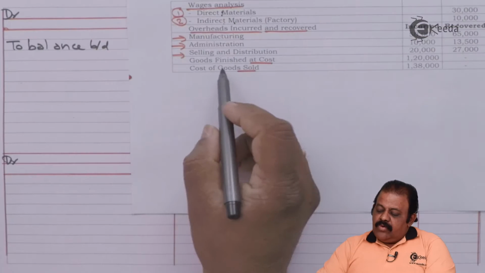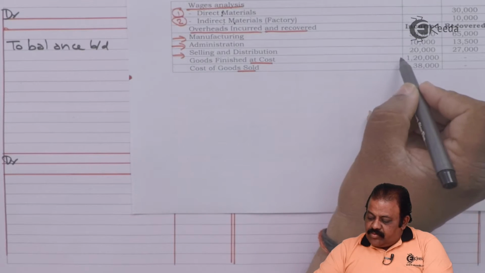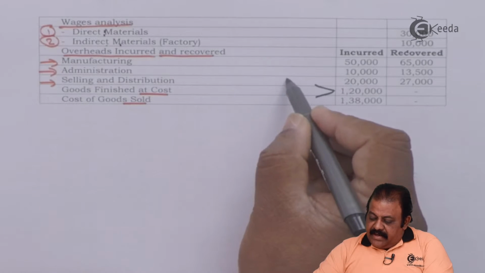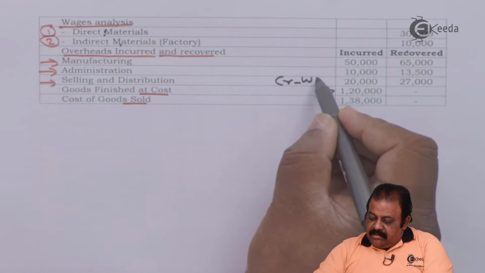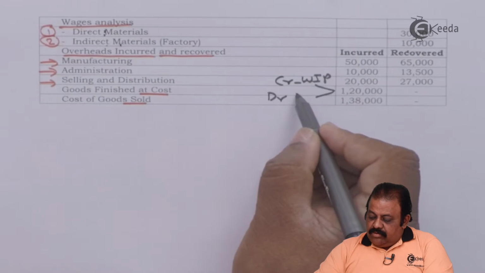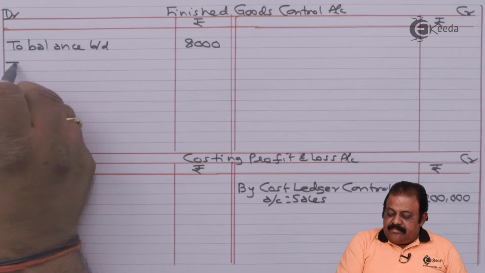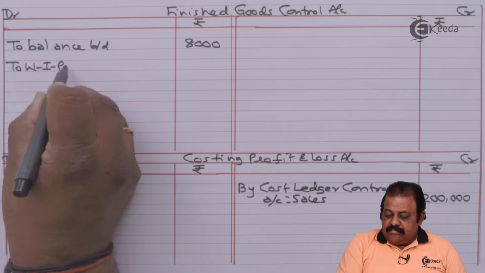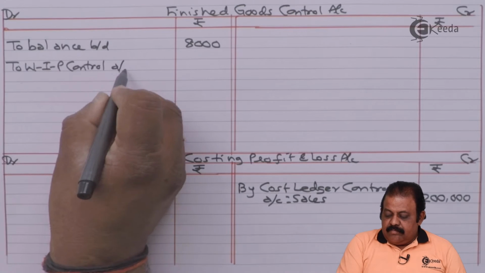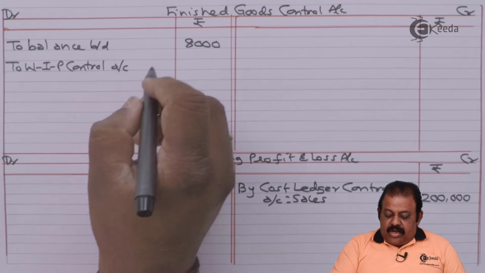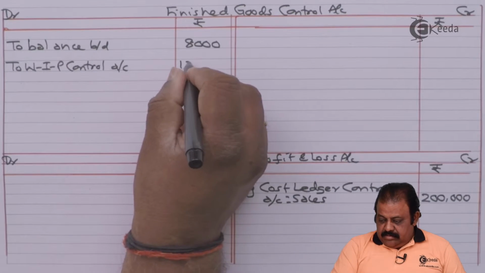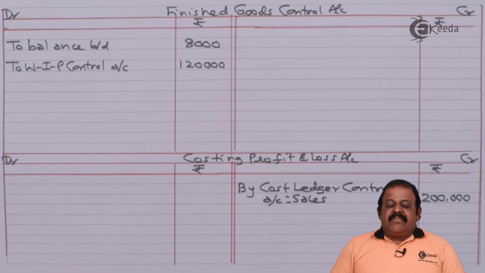Goods finished at cost 1,20,000. This will be credited to WIP and debited to finished goods account. Finished goods control account debit, to WIP control account 1,20,000.